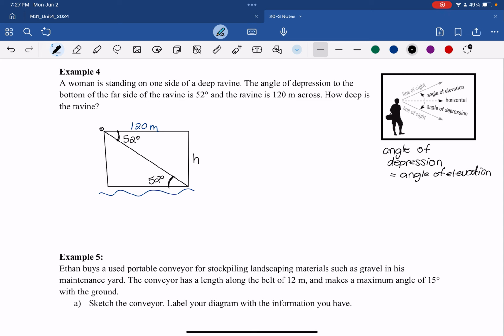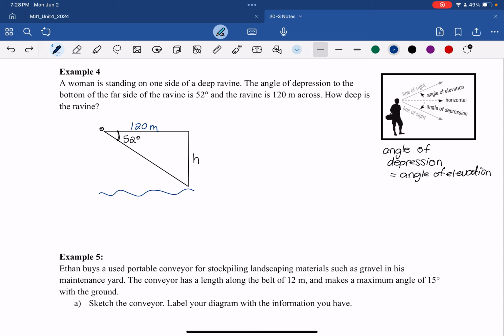That's going to be the same here, which you would have learned last year if you took 10-3, that is a Z angle. I have two parallel lines, so we can see that the angle of depression is the same as the angle of elevation, just in a different spot. So now we want that height.